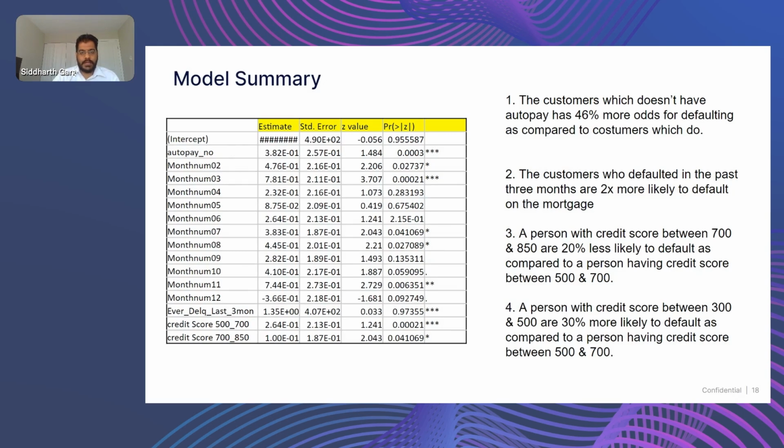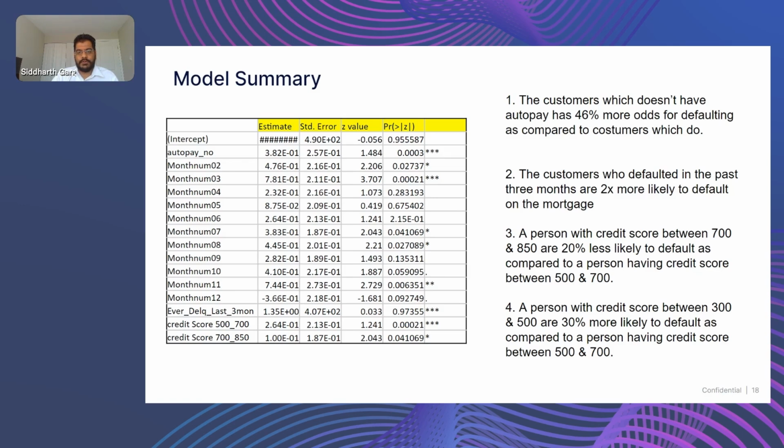In the model summary, we can look at what happens if the customer is on auto pay: they are 46% less likely to default. If the customer doesn't have auto pay, they are 46% more likely.